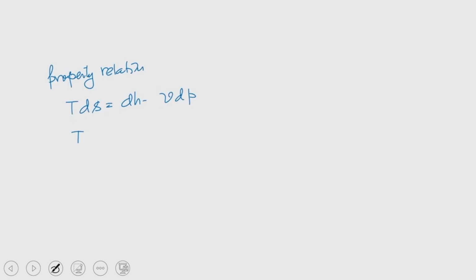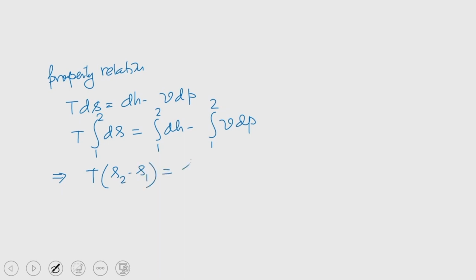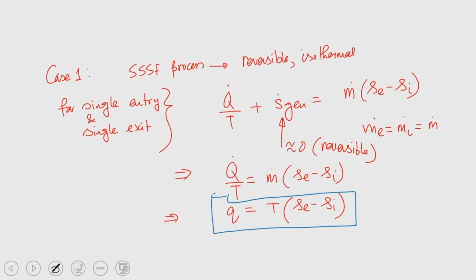So, basically we can write T into integral 1 to 2 dS equal to integral 1 to 2 dH minus integral 1 to 2 VdP. So, we can write T into (S2 minus S1) equal to H2 minus H1 minus integral 1 to 2 VdP.